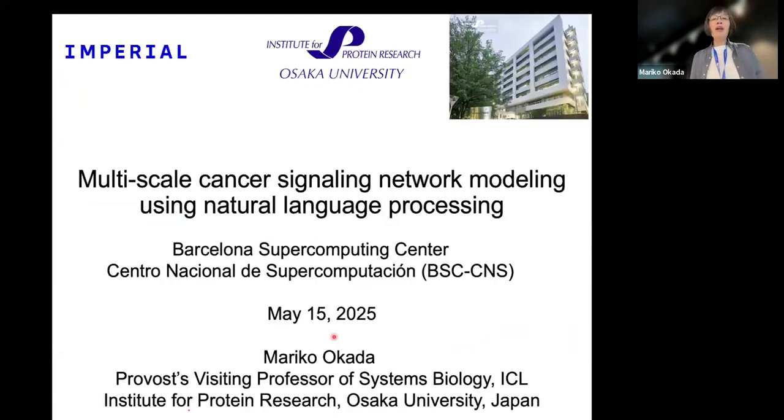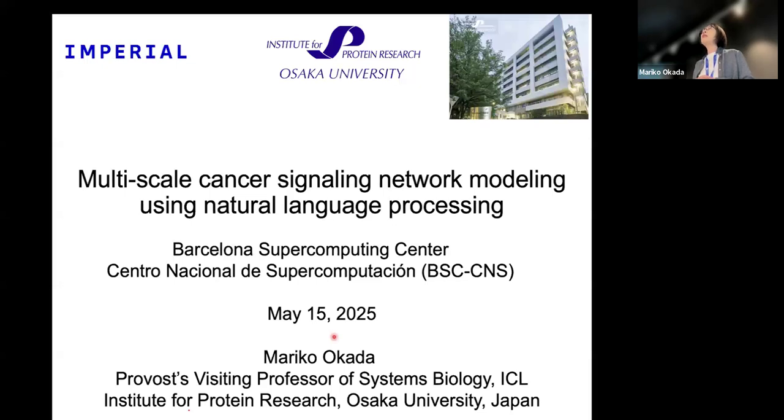So our laboratory has been working on the signal network, particularly the cancer signal network. I'm originally a biochemist, but I started to realize that experiments alone cannot solve the question we have for the cancer signal network, because the data is sparse.